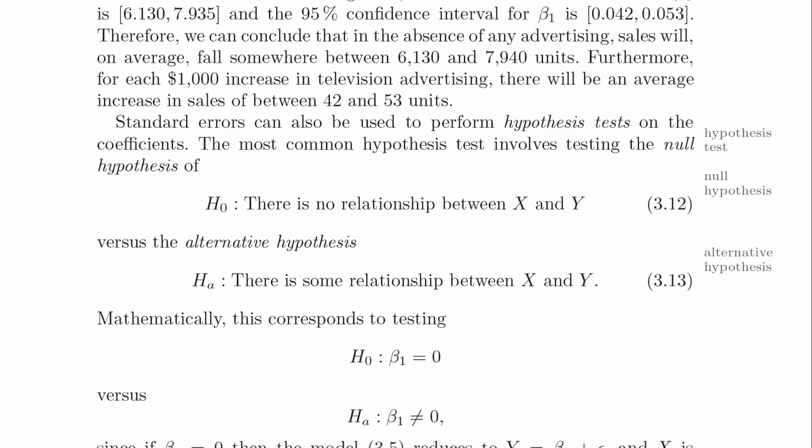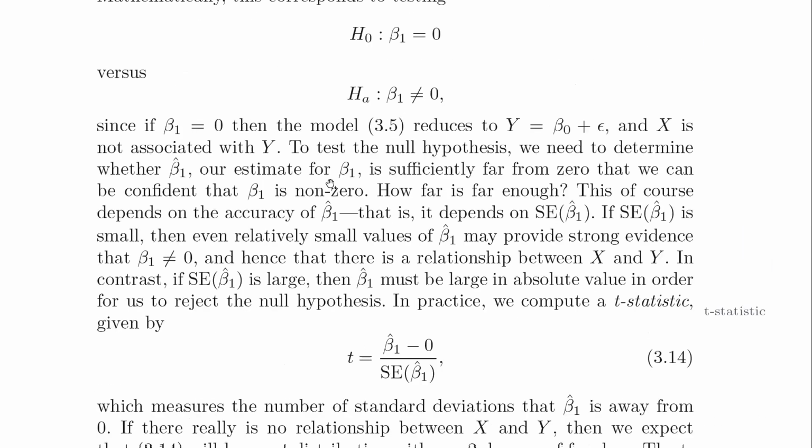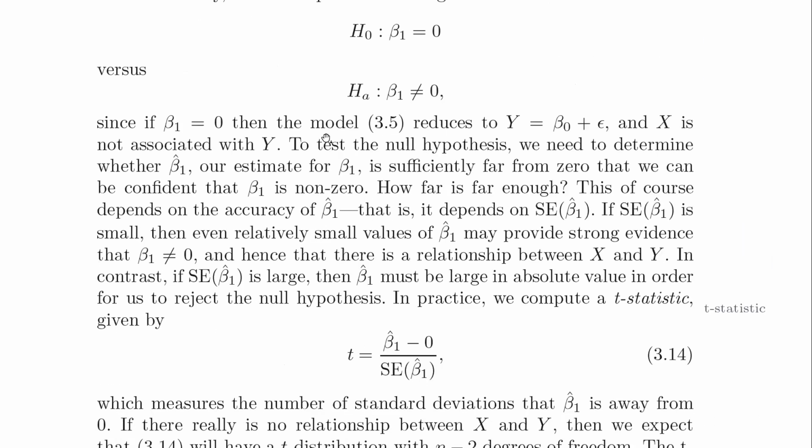Remember, beta 1 is the slope. If it's not 0, then there is some kind of relationship, possibly negative, possibly positive. We need to look at our beta 1 hat and ask ourselves, how confident are we that the true beta 1 is non-zero?